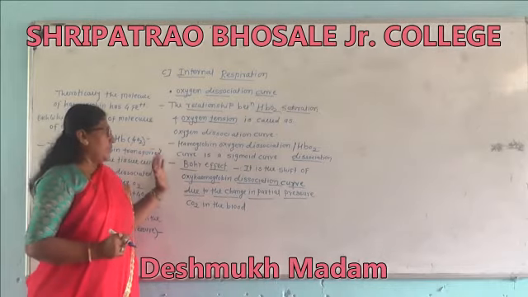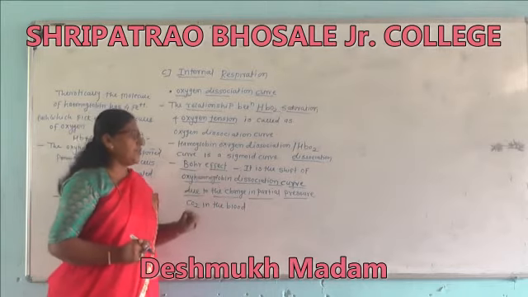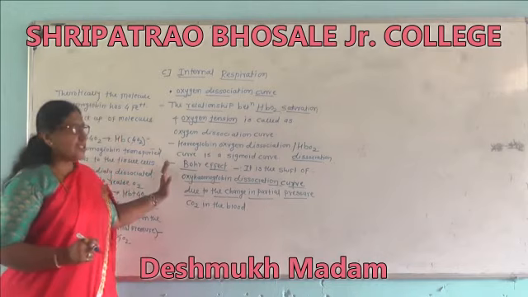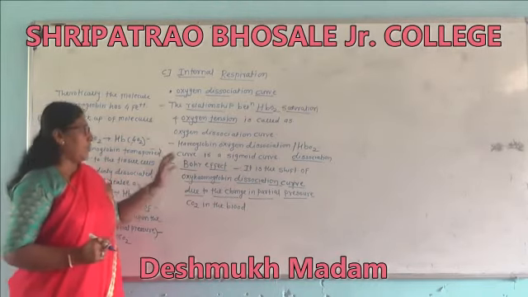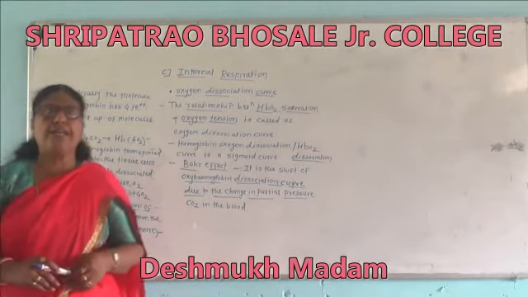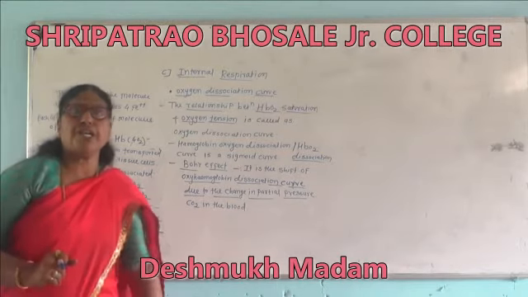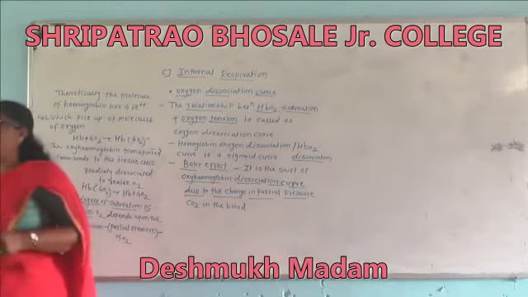The next point is the Bohr effect. The Bohr effect is the shift of the oxyhemoglobin dissociation curve due to a change in partial pressure of CO2 in the blood.